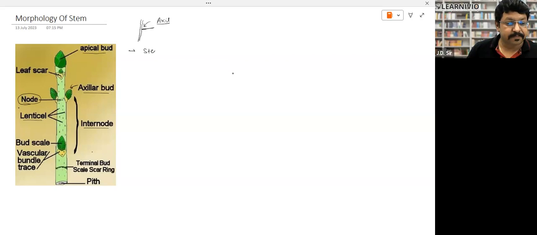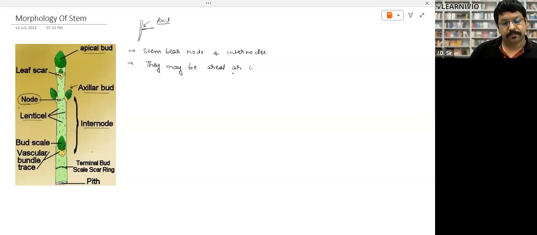Stem bears node and internode. They may be aerial or underground. Most of the time they are aerial.